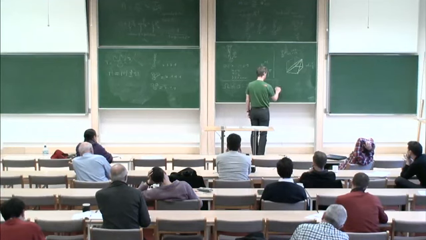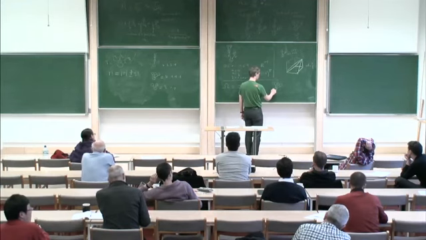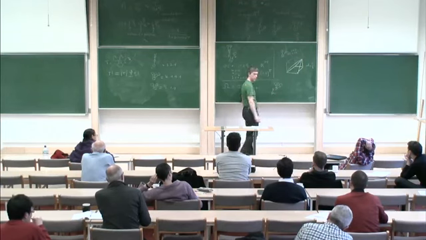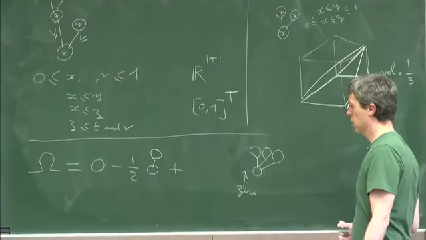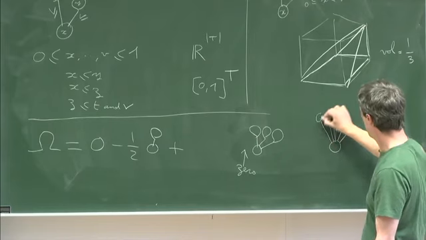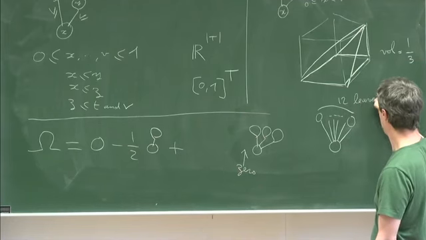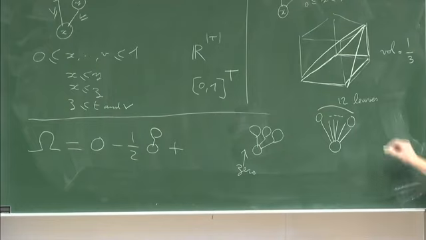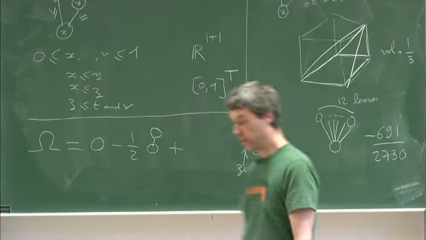For example, if we look at this one, then the coefficient there is 0. Some coefficients vanish. And if we look at the coefficient of that tree with 12 leaves, then the coefficient is minus... so it's a Bernoulli number.